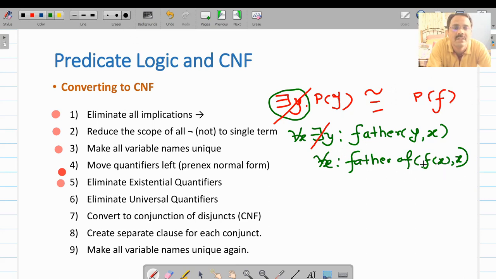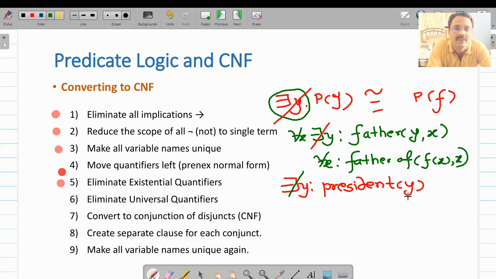But sometimes you may know the constant value. So in that particular case, you can substitute that constant. For example, there exists some y such that president of y. Now to substitute this value of y, that is if you have to remove this there exists y, you must know the value of y. Suppose you are referring to Indian context.